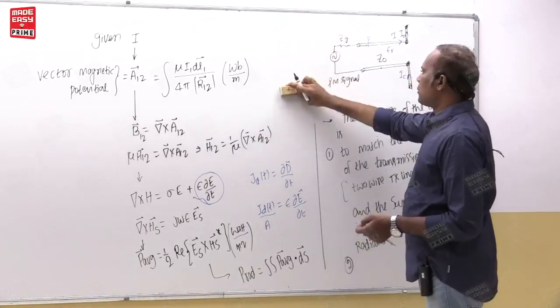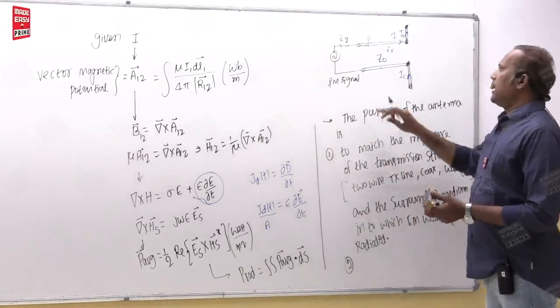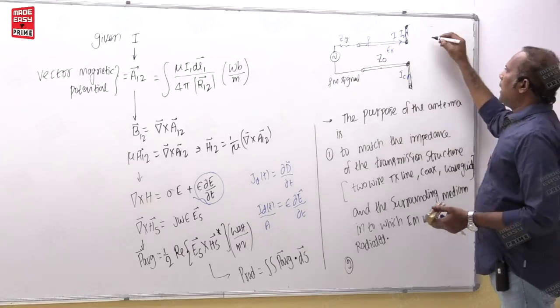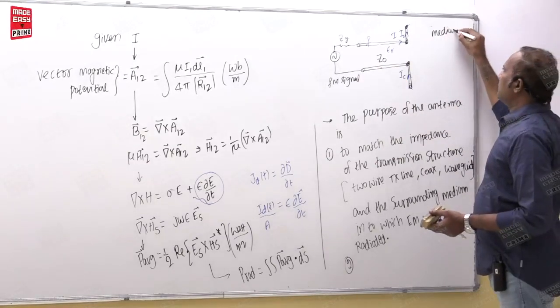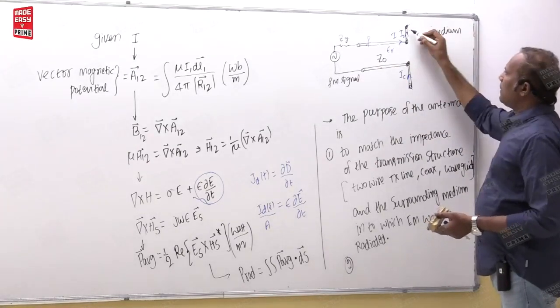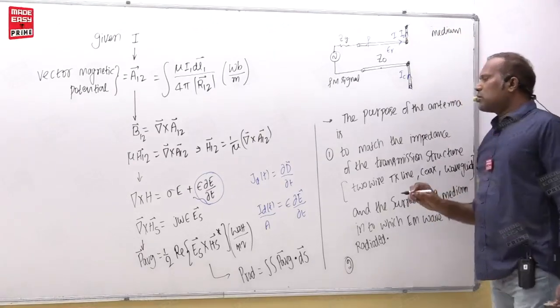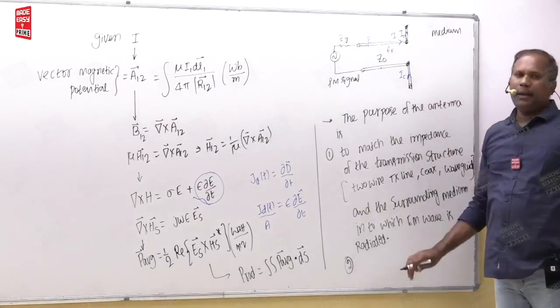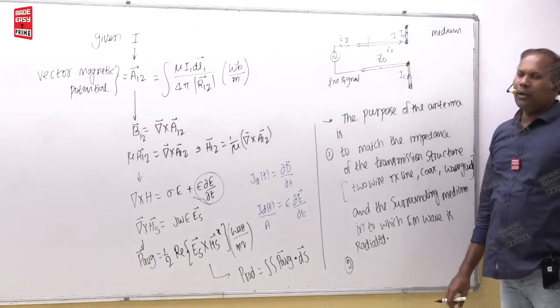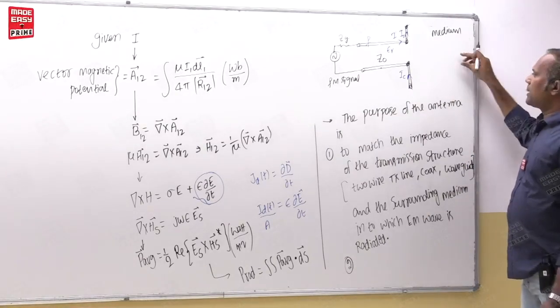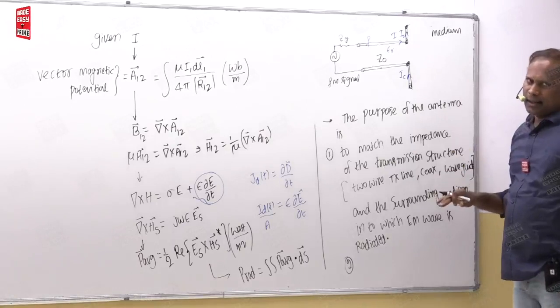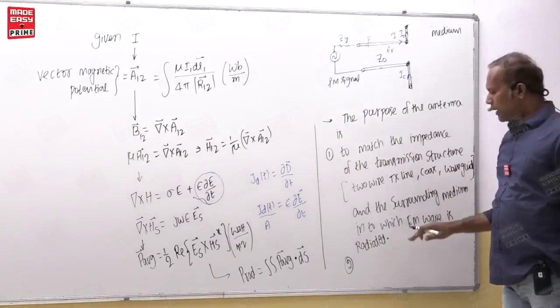So that's the statement here. An antenna is used to match the impedance of this transmission structure and the medium impedance into which this EM energy is radiated. And also for efficient radiation of EM energy, I told you, in whichever direction you want radiation, in that direction only it radiates by using the directivity property.